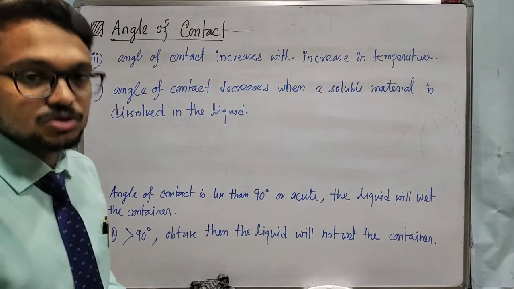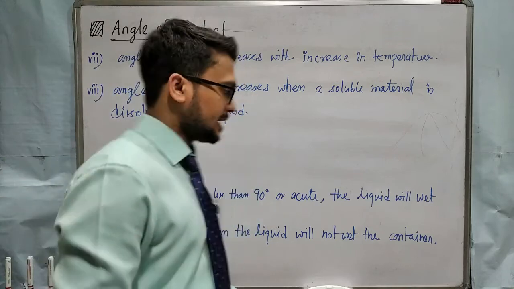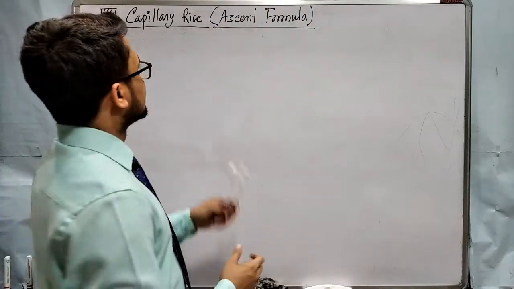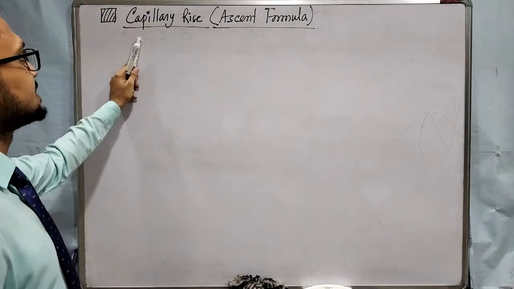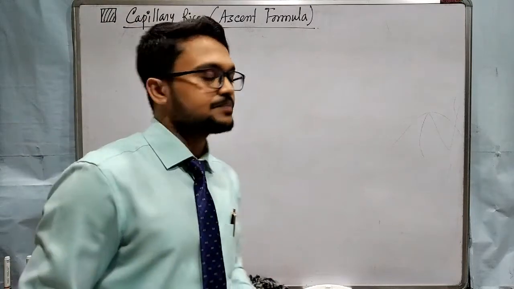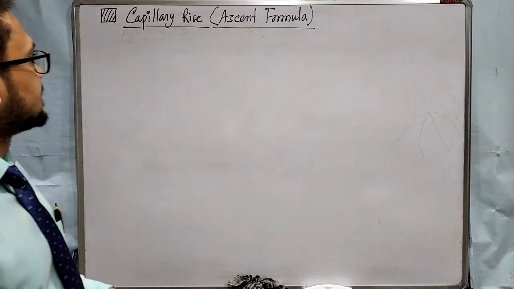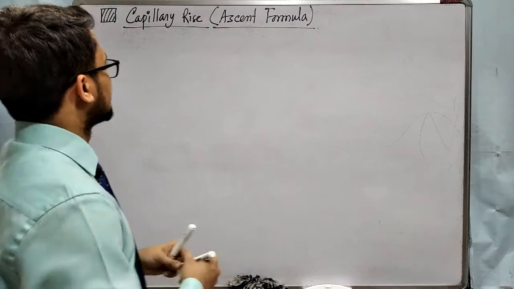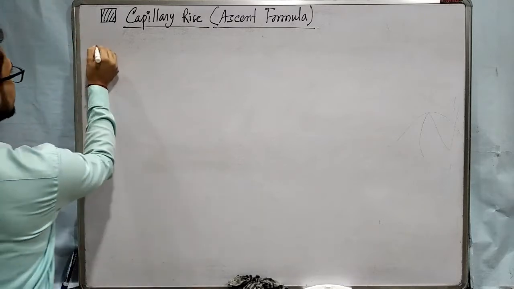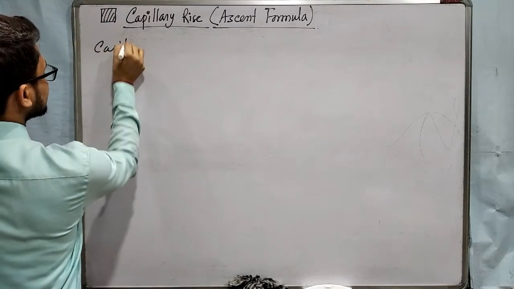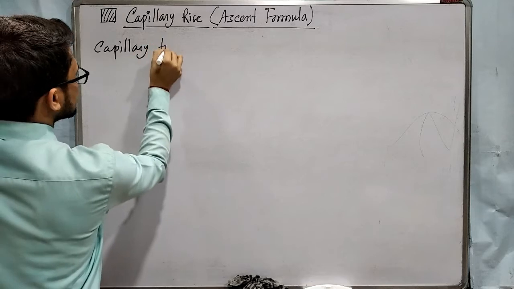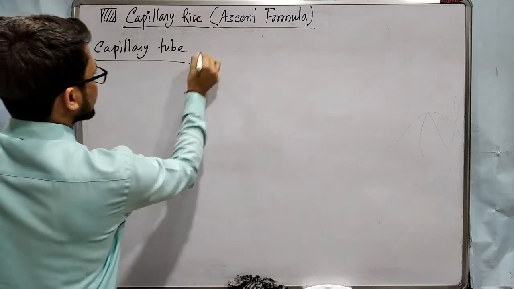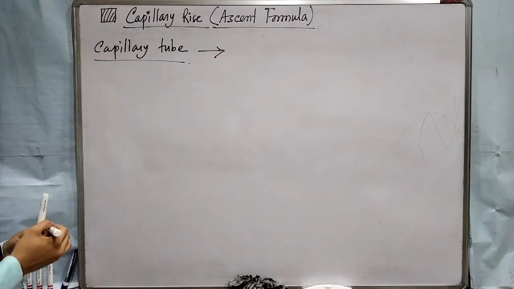Okay, now come to capillary rise. So I am erasing this. Students, now we will see the next part, that is capillary rise. In capillary rise, first we will understand what a capillary tube is.